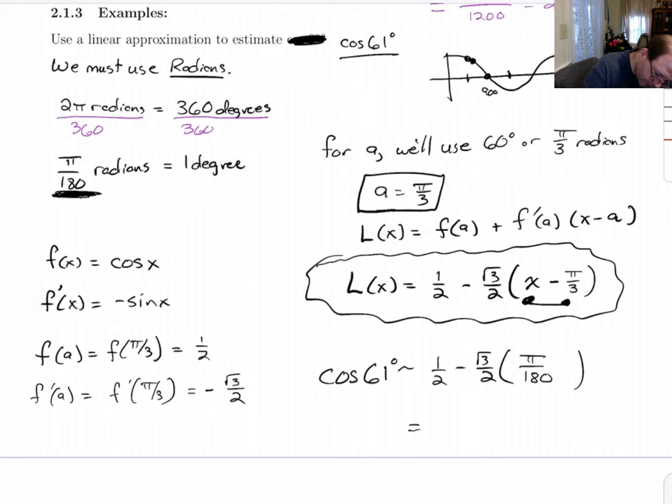Now I do need to change one thing. Cosine of 61 degrees, this is my approximation. So let's see. I'm going to stick this all into my calculator. 1/2 times root 3 over 2 times pi divided by 180.